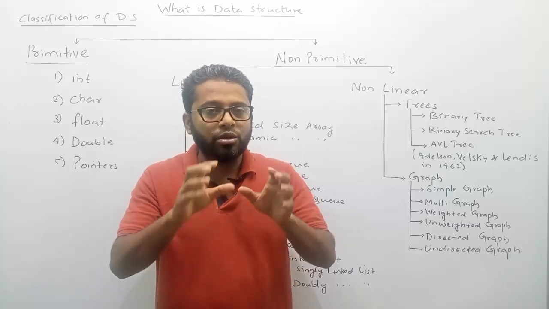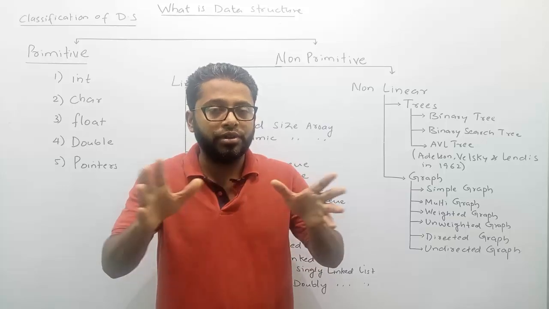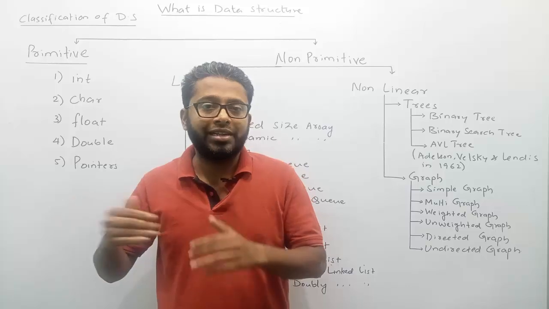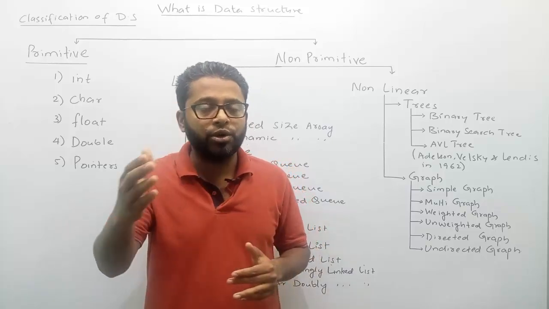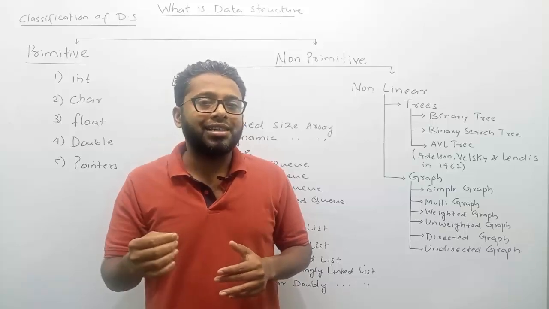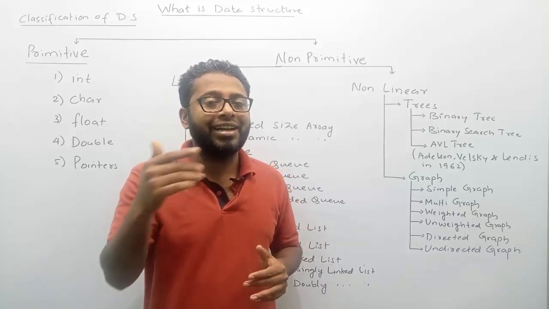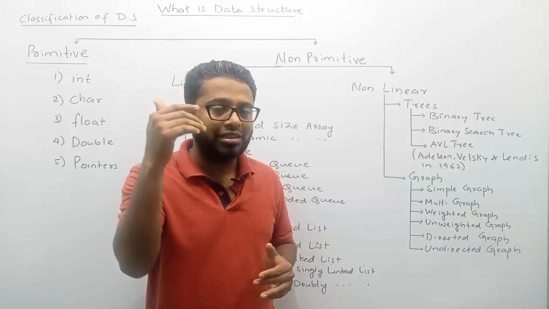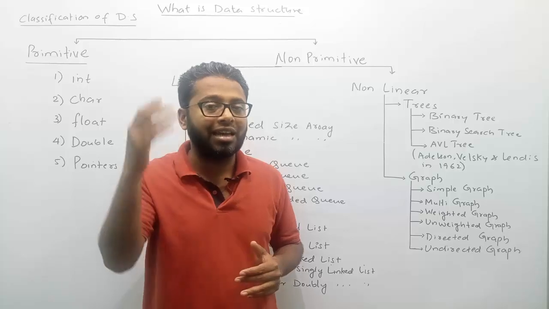So what is the meaning of this particular definition? Inside the memory we store different types of data. We store text data, audio data, video data, image data. But the problem arises when it comes to accessing that data, when it comes to performing various operations like deletion, updation, searching, accessing.